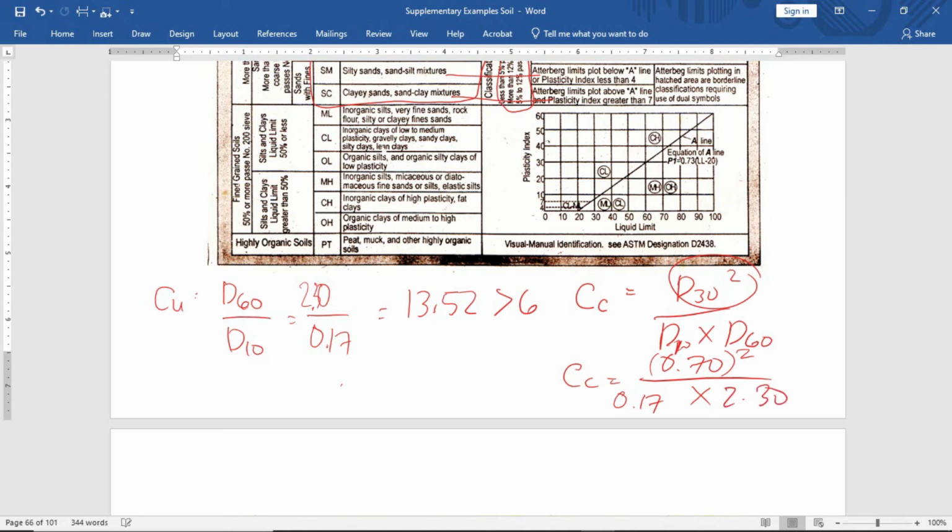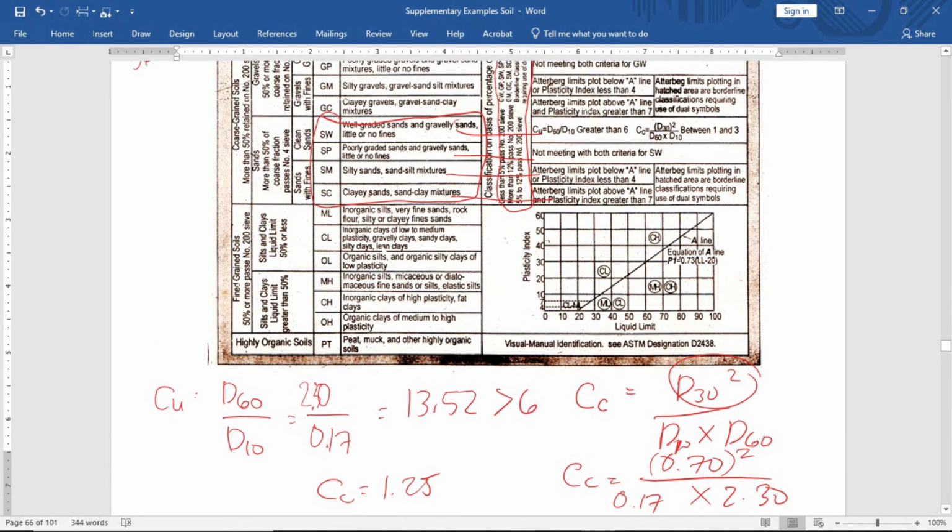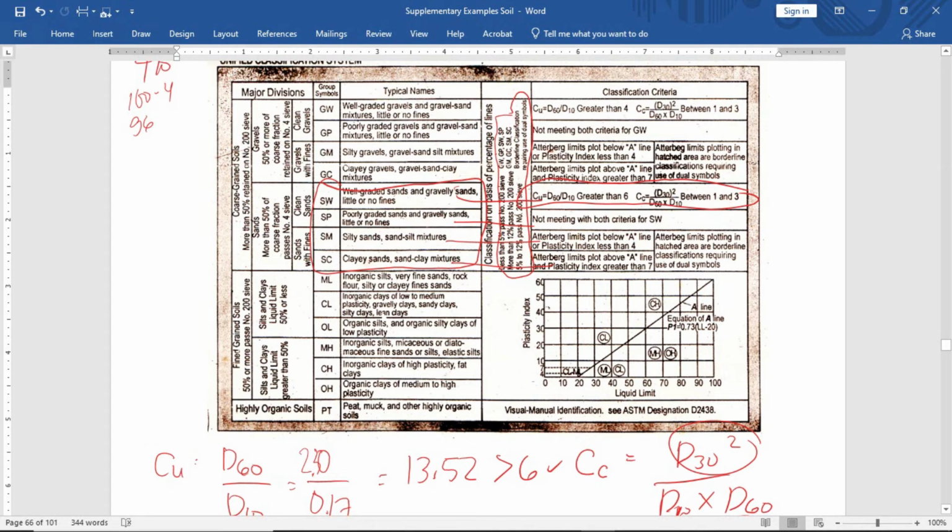So our Cc is 1.25, which is between 1 and 3. So that is okay too. So we know now that the sand is SW.